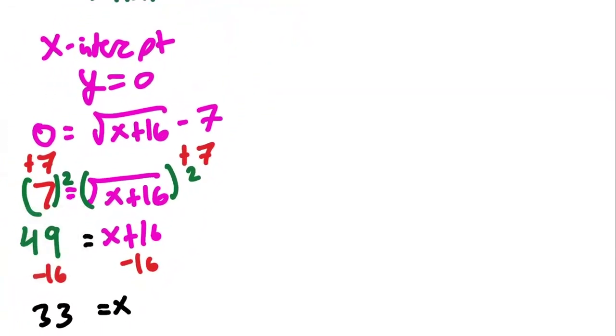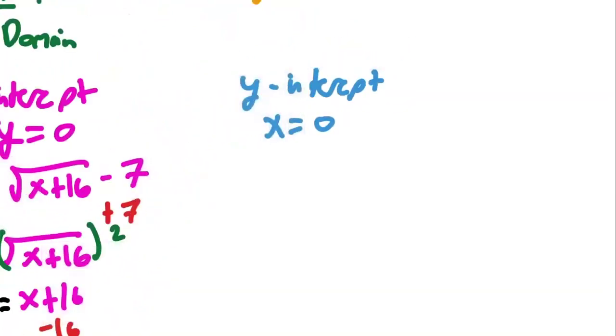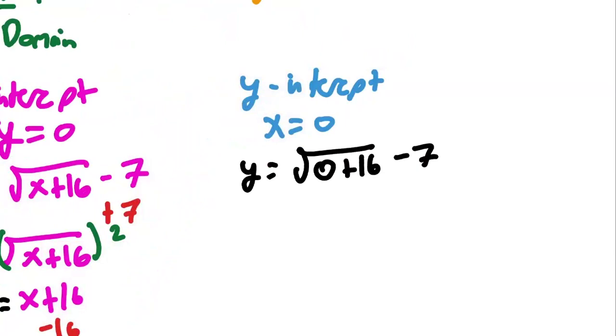The next one is the y-intercept. And this is when x is equal to 0. Then you're just going to write the equation. y is equal to the square root of 0 plus 16 minus 7. Honestly, the y-intercept is probably the easiest because it doesn't require as much work as the x-intercept.